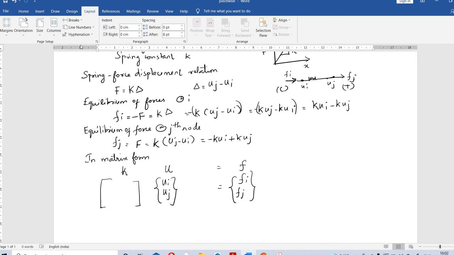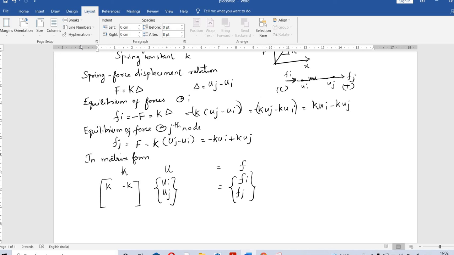First see this equation. The first component is K, which is multiplied with Ui. The second component is minus K, which is multiplied with Uj. So I put here K, here minus K. If you multiply this row with this column, you will get K into Ui minus K into Uj.